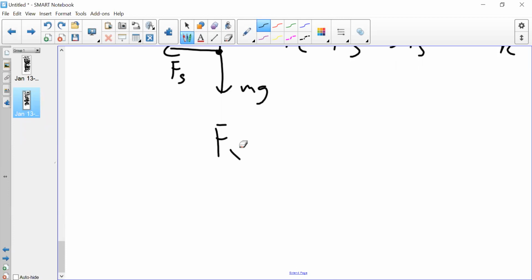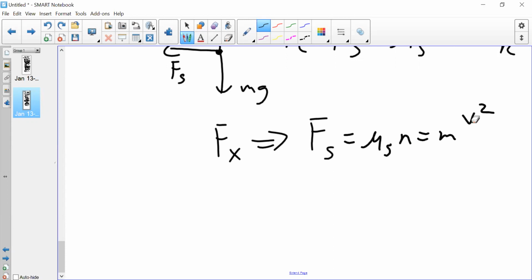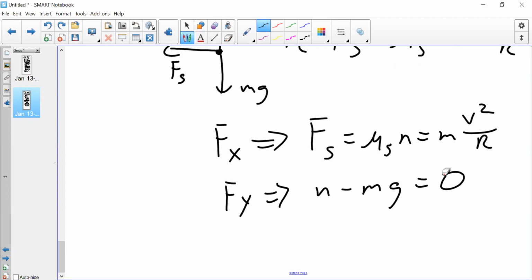So then doing it the standard way, it's Fs equals mu s N equals mv squared over r. What we want to do, because this is the most important thing, we want to get the velocity. Let's get an expression for normal force.